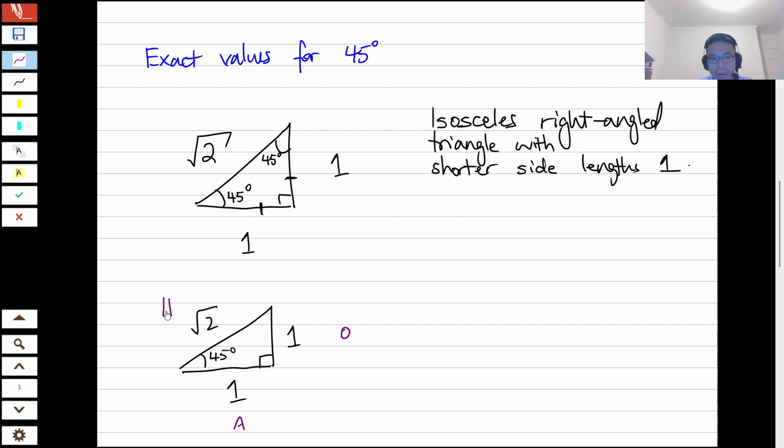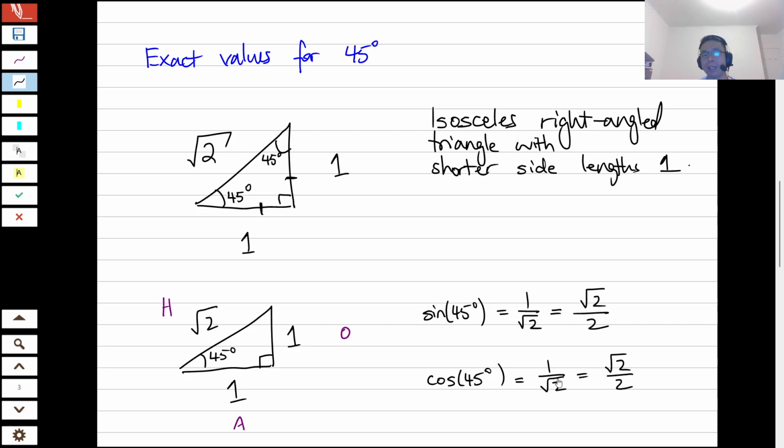What do we get? We get sine of 45 is the opposite over the hypotenuse, which is 1 over root 2. Some people prefer to write this as root 2 on 2. Cosine of 45 is the adjacent side over the hypotenuse, which is again 1 over root 2.